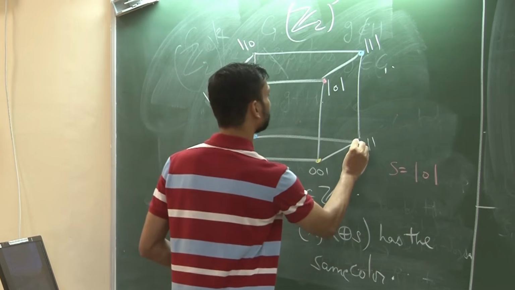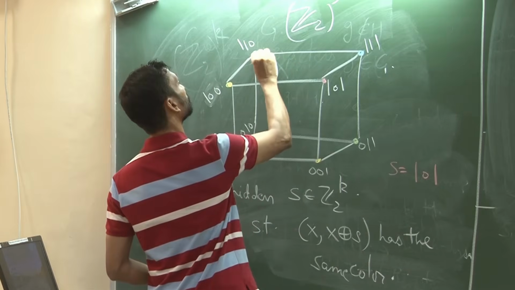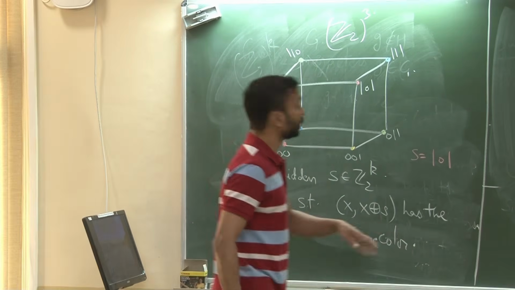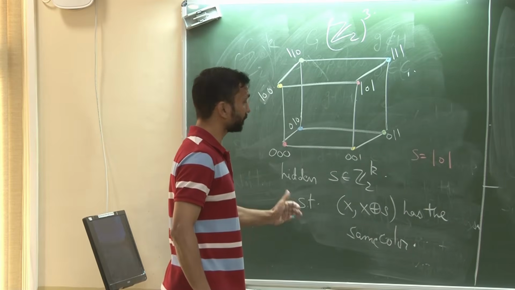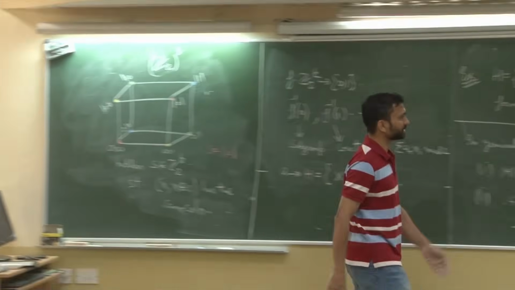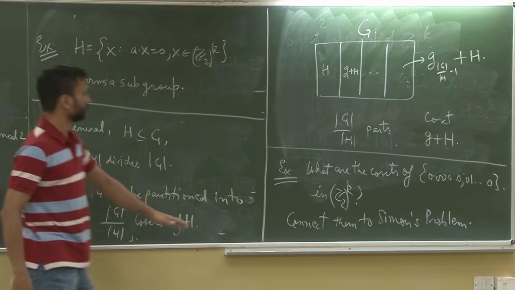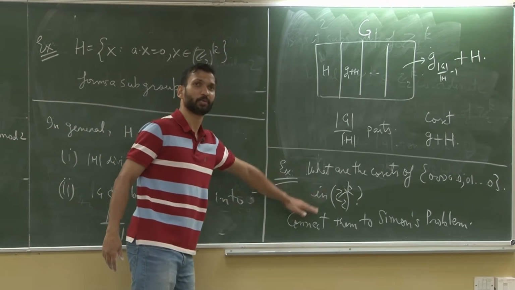So this was the Simon's problem, and this exercise is to relate this coloring with the cosets of Z2 to the power k.